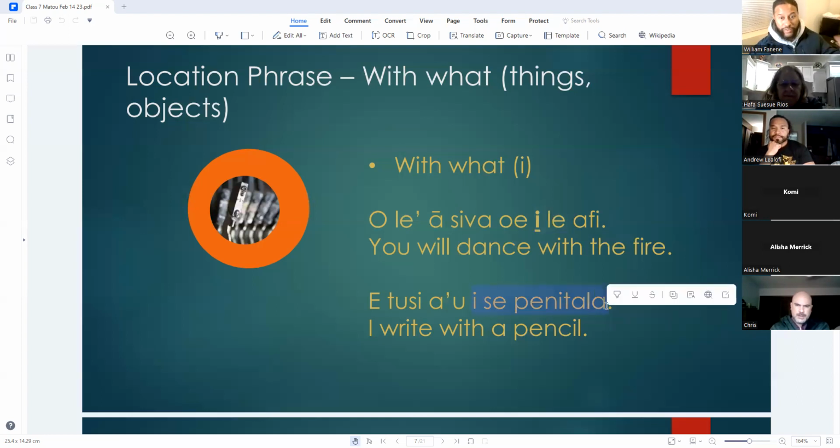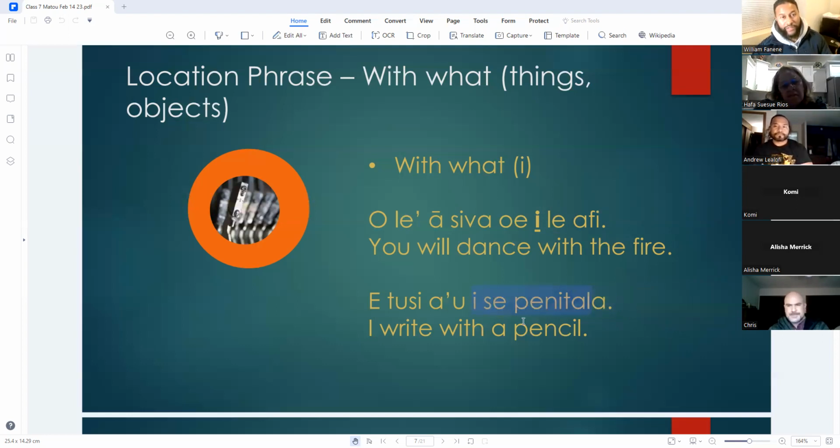Our instrument is the pencil. So because I'm writing with a pencil, I'm gonna say E. So etusia'u e se penitala. So E se penitala. So all of this right here is our location phrase, but it's also this right here, this preposition lets us know that we're using a pencil as an instrument. So I write with a pencil.